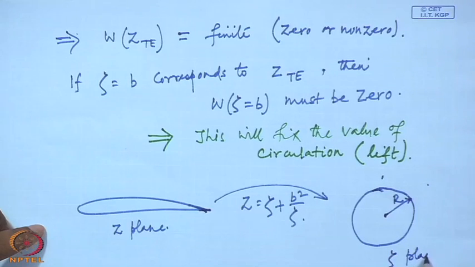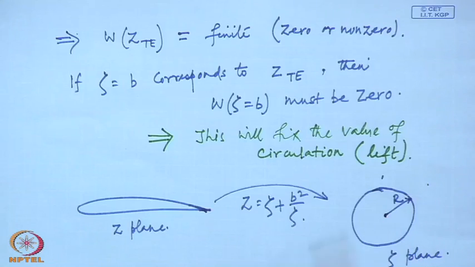Now, I said that we have two free parameters, the center of the circle and its radius. That means, what is the position of this center?